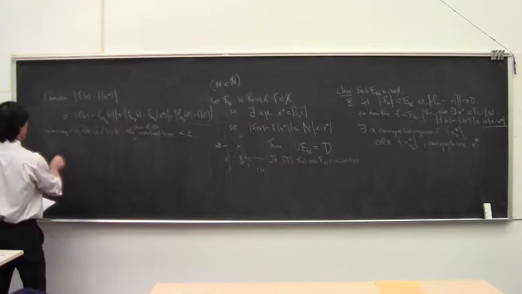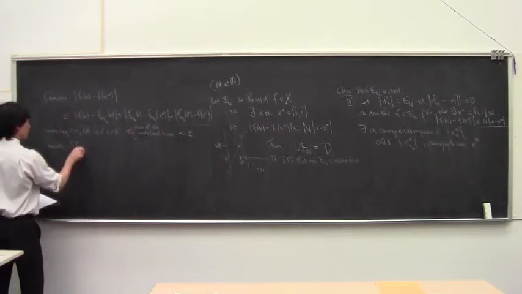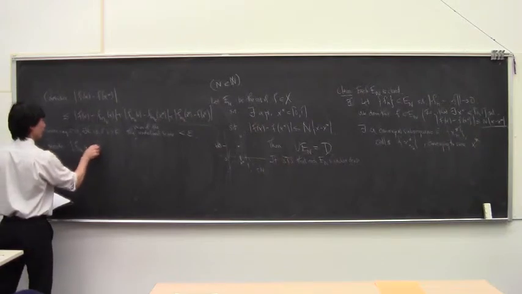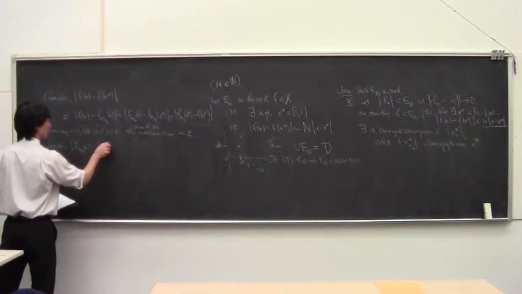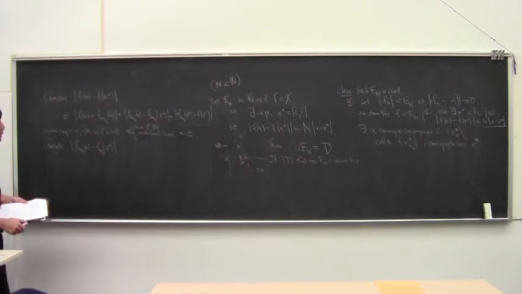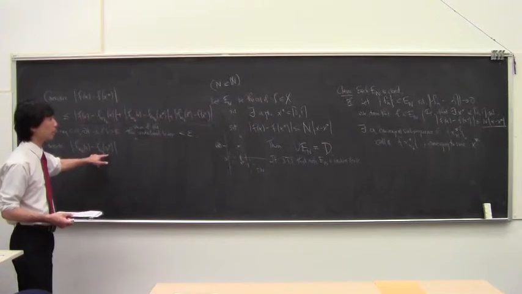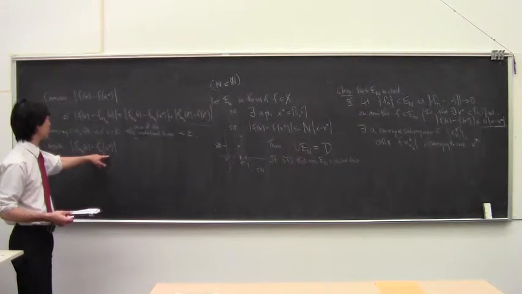So let's consider then f_{n_k}(x) minus f_{n_k}(x star). Remember, our goal is to show that that thing is smaller than n times |x minus x star|.